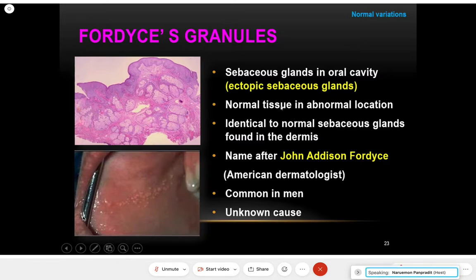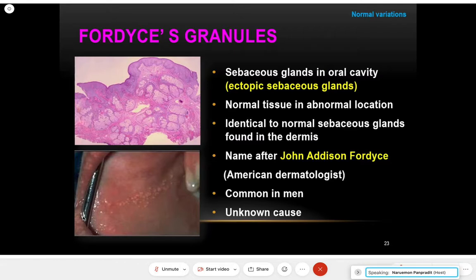For Fordyce granules, you have to start with F in capital letter every time because it is named after John Addison Fordyce. It is most common in men, but I think women can also have Fordyce granules.